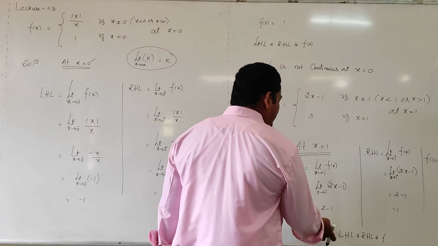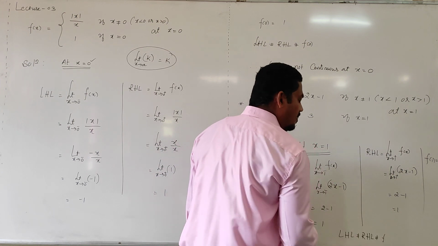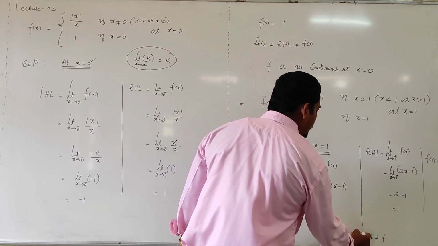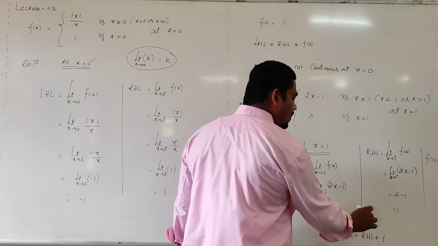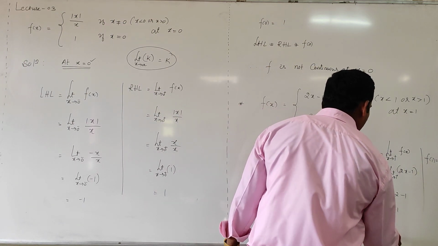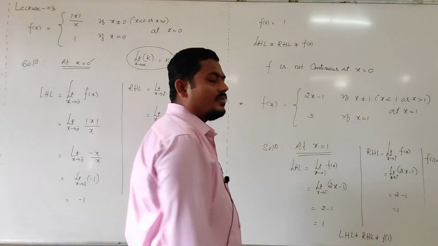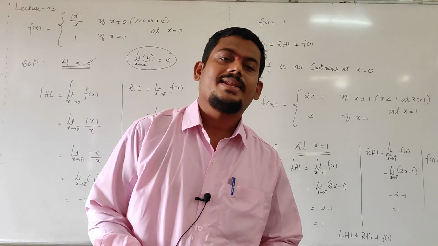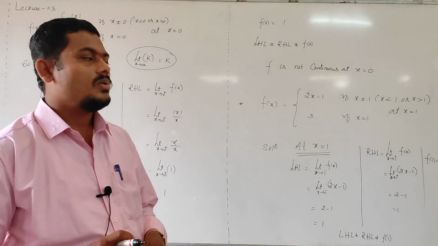In this case, you can write LHL equal to RHL but not equal to the functional value. Correct? Otherwise, not equal only because all three are unequal. Then it is f of 1. Therefore, the function is not continuous at x equal to 1.